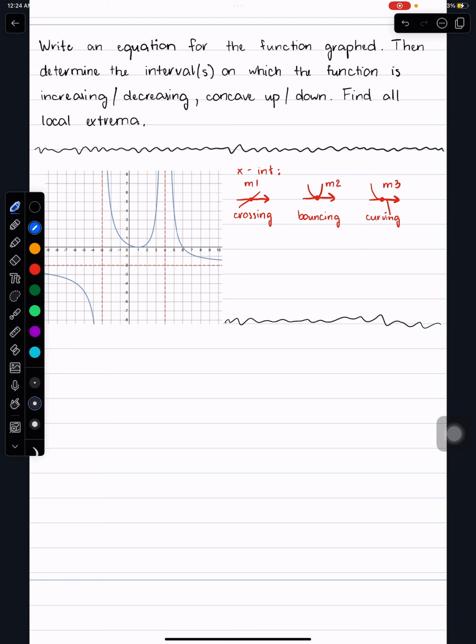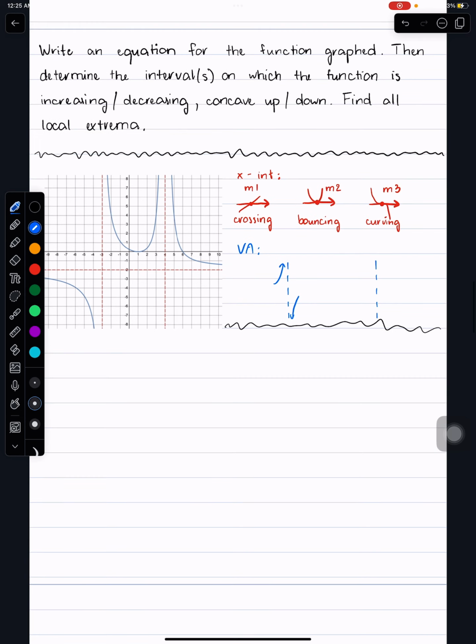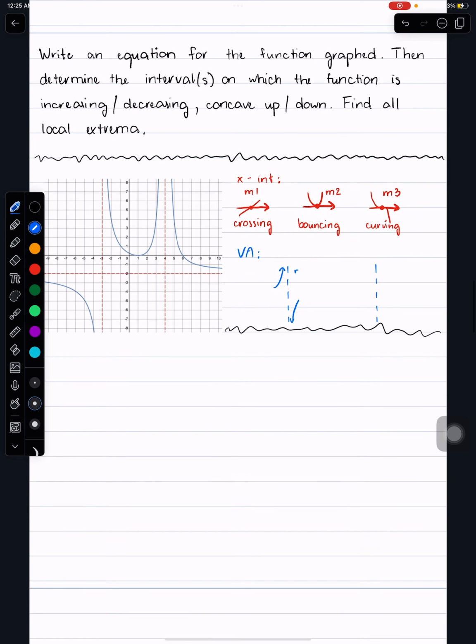And then for vertical asymptotes, before we get into the math work, we have two types of multiplicity. Imagine these are your vertical asymptotes. You look at the behaviors on the left and right hand side of your vertical asymptote. If the graph points in different directions, say one is in the top left corner and the other in the bottom right corner, then your asymptote has multiplicity of 1.